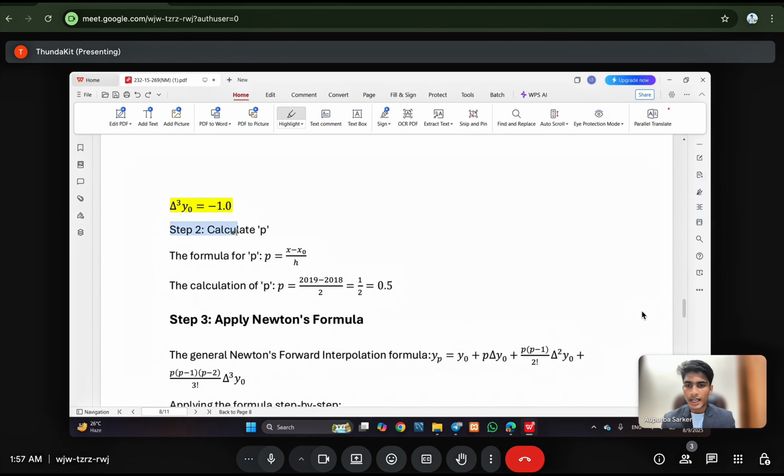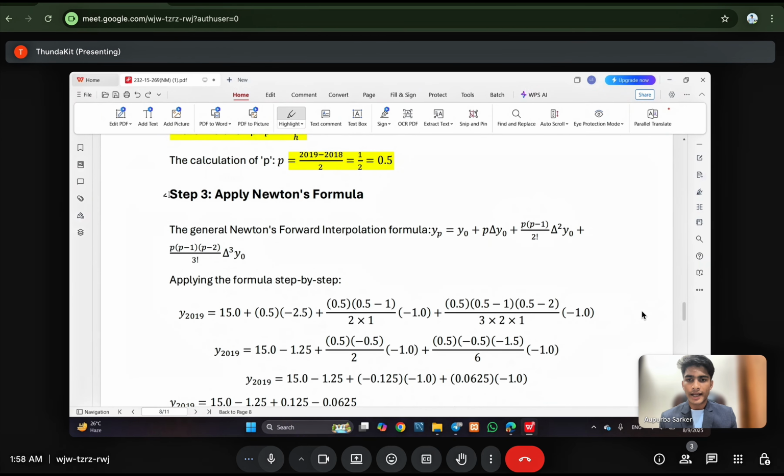Step 2. Calculate p. The formula for p equals x minus x naught divided by h. The calculation of p: p equals 2019 minus 2018 divided by 2, which equals 0.5. Step 3. Apply Newton's divided difference formula. The formula is a sum of terms where each term uses the coefficients we just found.